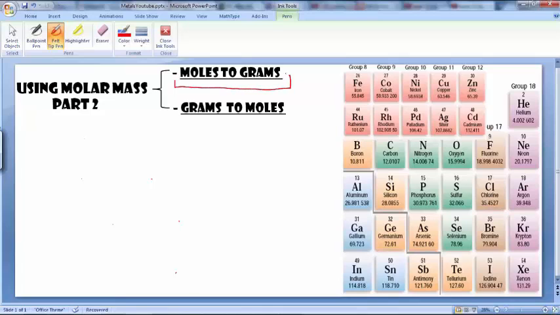Let's say we want to go from moles to grams. We just finished going from grams to moles, so let's go from moles to grams.